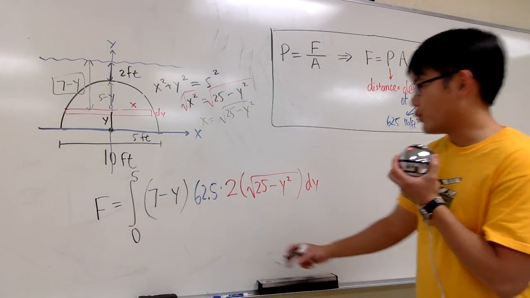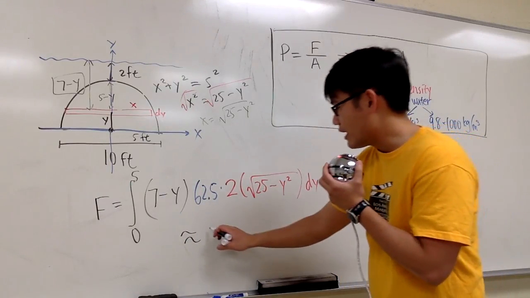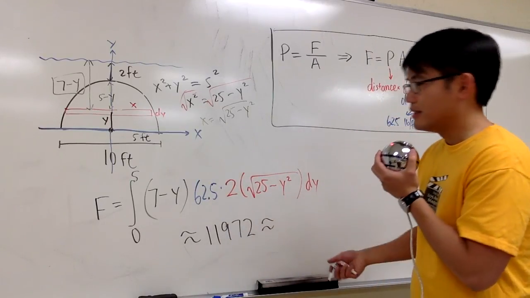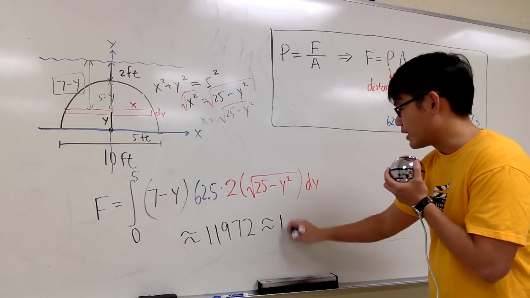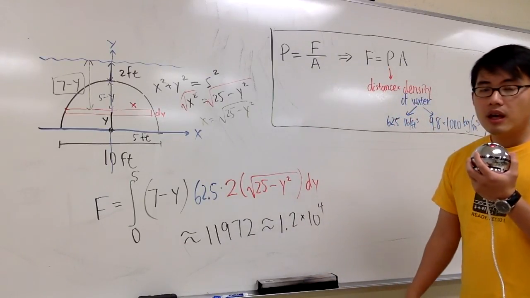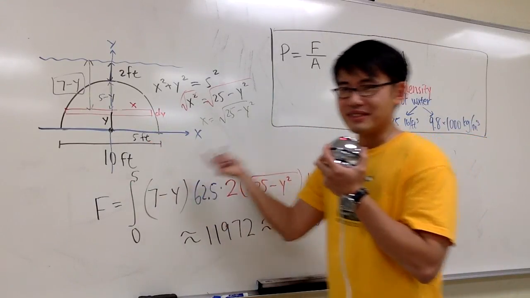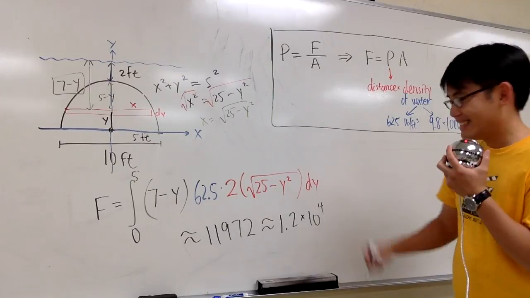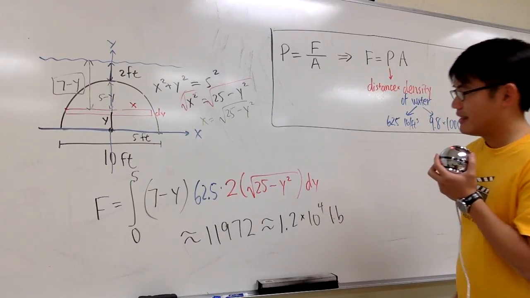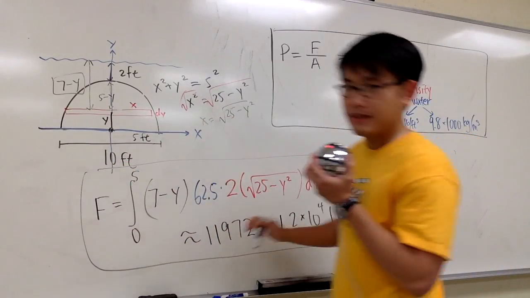And if you work out everything, this is approximately 11972, which you can write just like the answer in the back of the book would like to write: 1.2 times 10 to the 4th power. This is in feet, right? Something like that. What's the unit for the force? It's just going to be pounds. And we are done. So that's it.